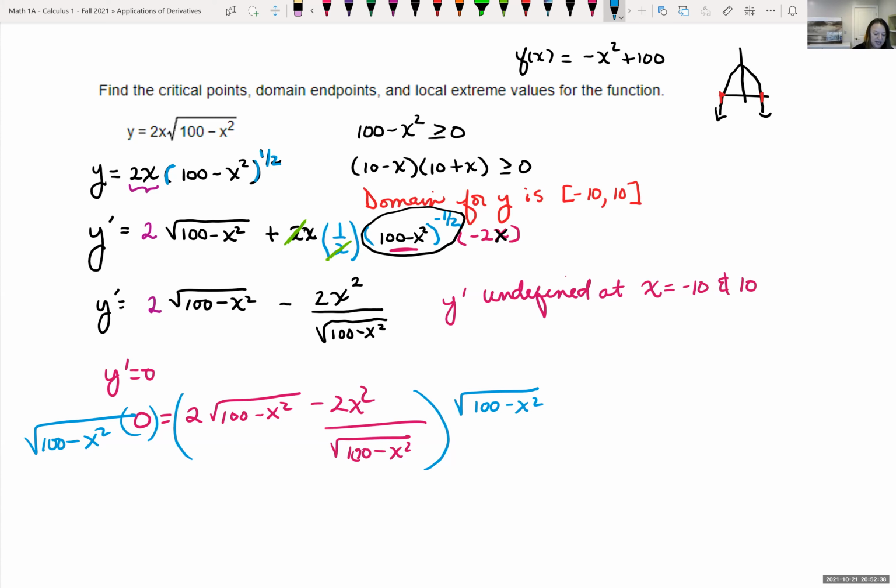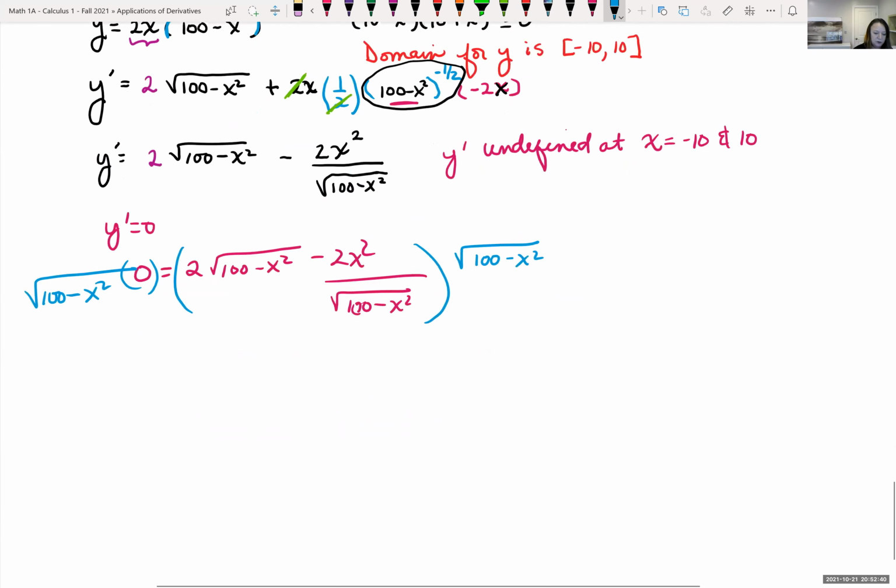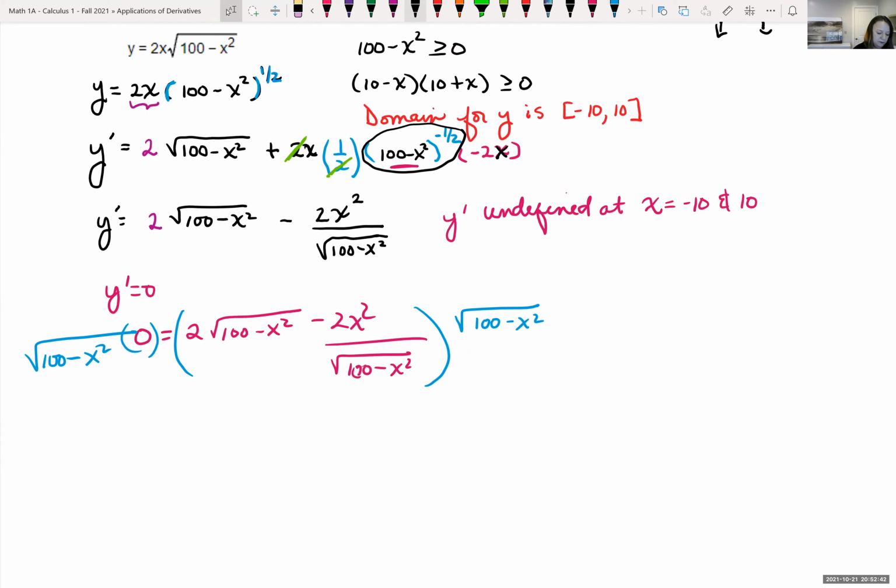So that square root times 0 is just 0, equals, when we distribute, those radicals clear out and we're left with 2 times what was underneath the radical, the radicand, 100 minus x squared.